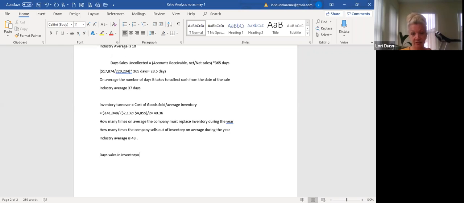Now, days sales in inventory is measured by taking ending inventory at the end of the year divided by cost of goods sold. So that's your first part of your computation. We'll put that in parentheses so that you know you do that first. That result you multiply by 365 days.